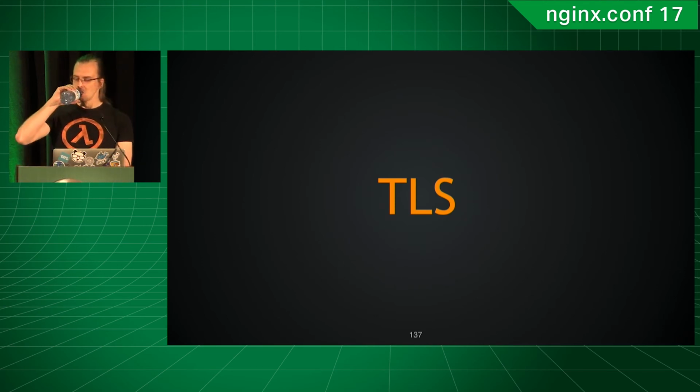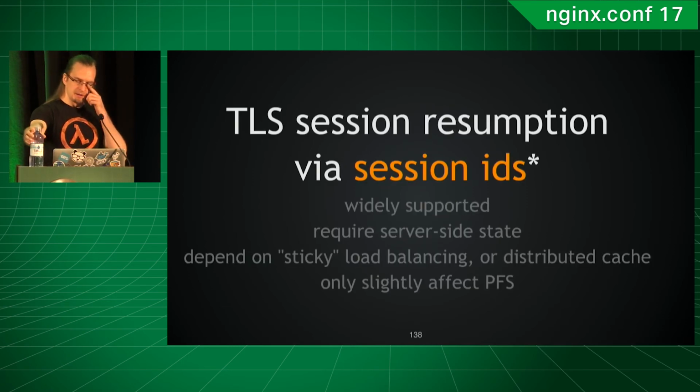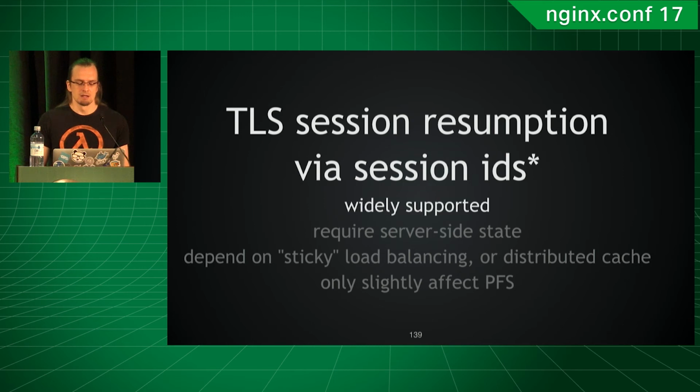Again, TLS. We talk a lot about that stuff. On the NGINX side, you can save CPU cycles both on your client side and on your server side by using session resumption. NGINX supports session resumption through session IDs.